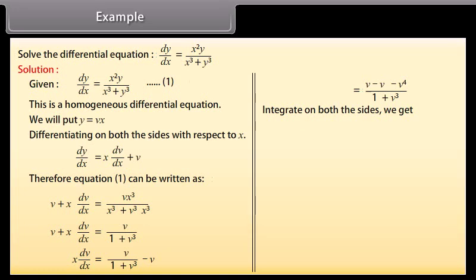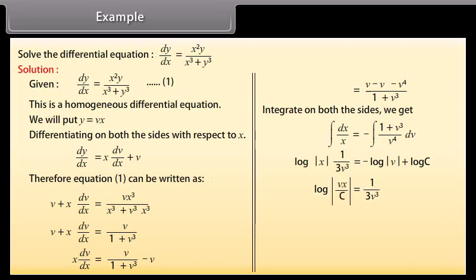Integrate on both the sides, we get integral of 1 by x with respect to x equals minus integral of (1 plus v cubed) by v raised to the power 4 with respect to v. Log of mod x equals 1 by 3v cubed minus log of mod v plus log c. Log of mod (vx by c) equals 1 by 3v cubed.